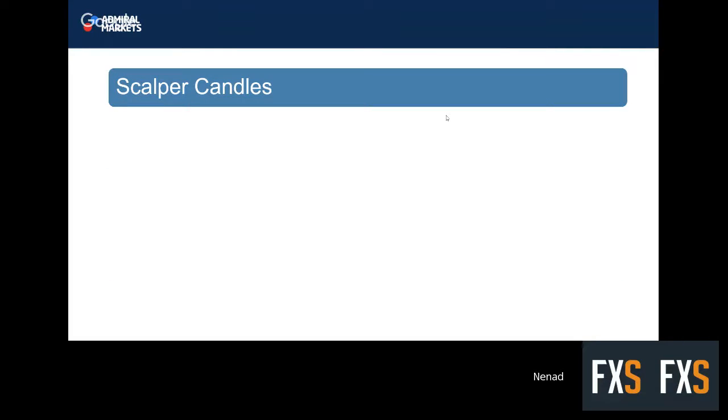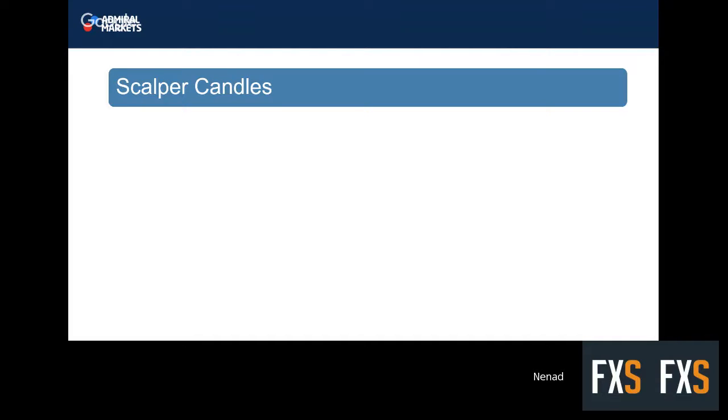First, let me begin with the indicators. The indicator that we will use for the system, the first one, is called Scalper Candles, and that indicator actually shows an average of standard Japanese candlesticks, color-coded. Those candles are color-coded to show whether the move is bullish or bearish.